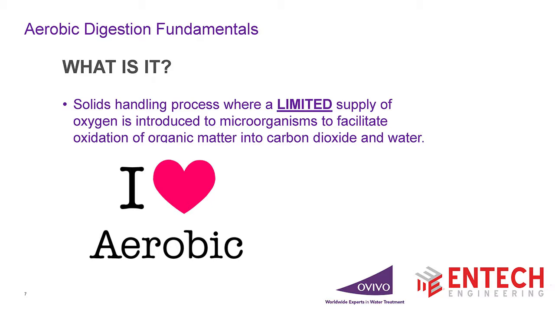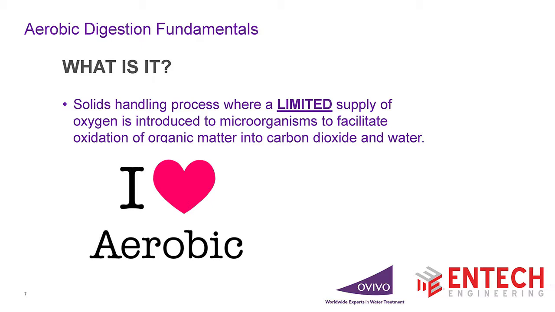Again, as long as folks understand really just a few key things, and that is what we're going to be talking about here. So, aerobic digestion is simply a process where we provide a limited supply of oxygen. It's really about controlling oxygen and controlling temperature.